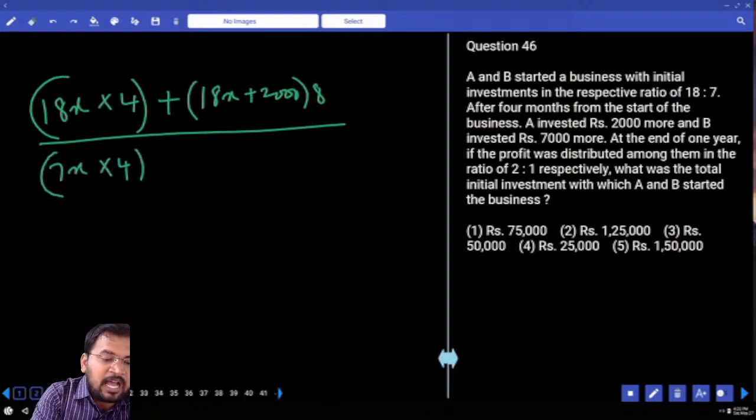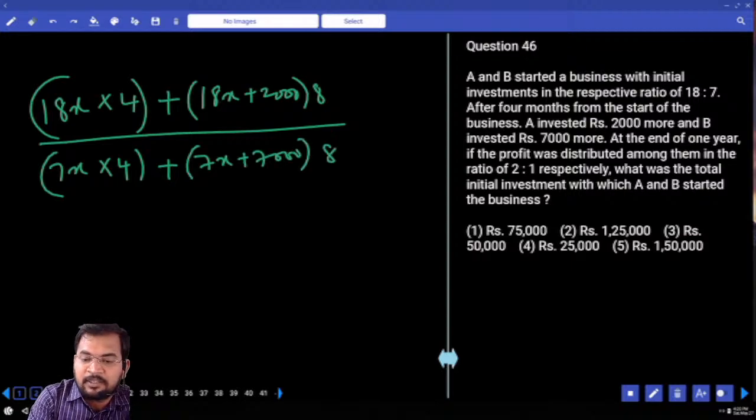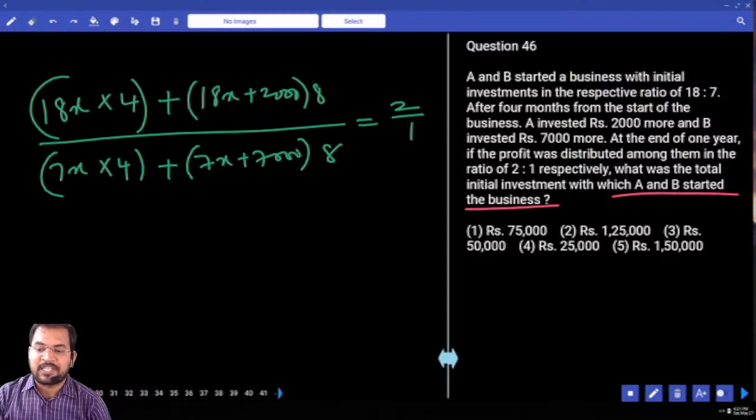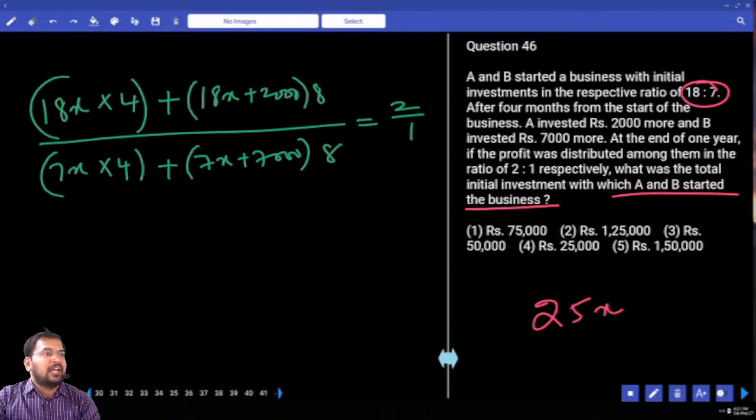After 4 months, 7x plus 7000 for 8 months. That is equal to the ratio 2:1. Now they are asking A and B together initial investments, which is 25x. Are you clear?